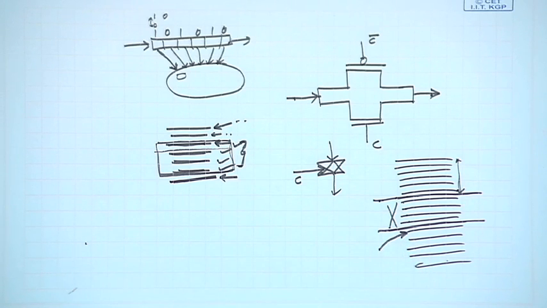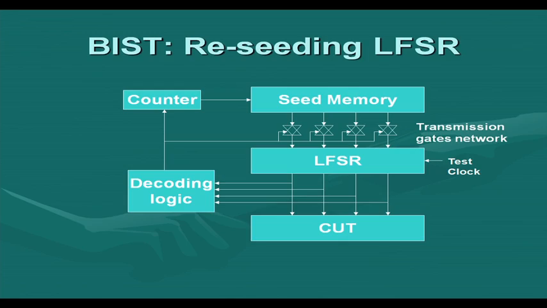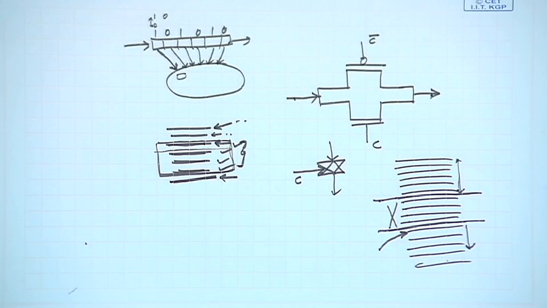This value will be loaded into the LFSR, so that it starts generating patterns from this point onward. So, whenever we find that the LFSR is not generating any useful pattern, we change the seed value of the LFSR, so that it generates patterns in the region where it can detect the faults.